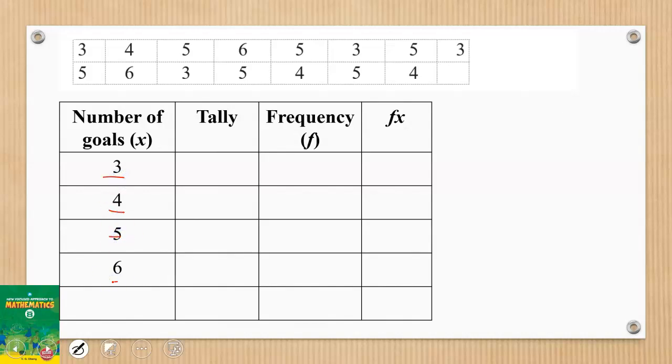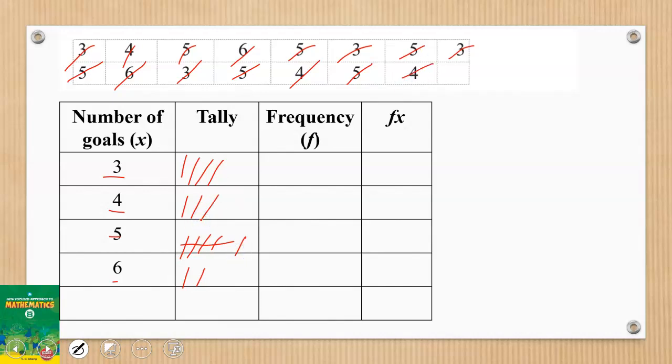Now the question is, how many 3's can we find in the data? We can start by using the tally approach. So for 3 here, we make a mark; for 4, we make a mark; for 5, we make a mark; for 6, we make a mark; then 5 again, 3, 5, 3, 5, 6, 3, 5, 4, 5, and then 4.